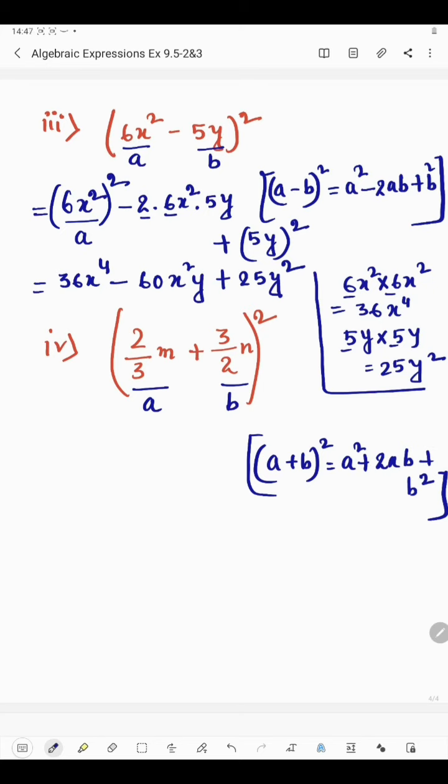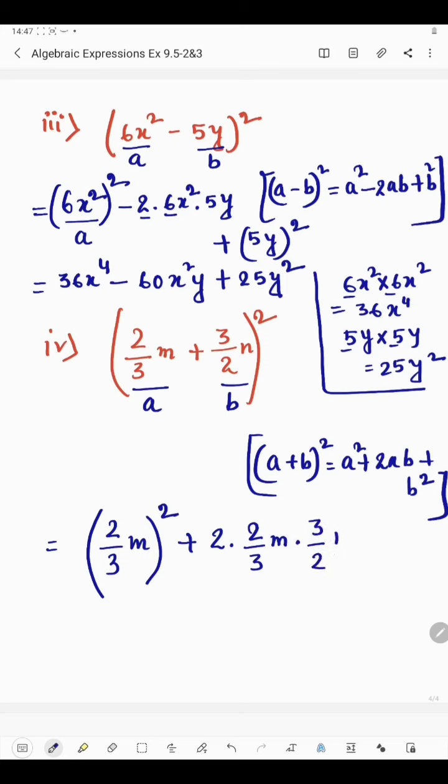So we'll write a square at first. So a is 2 by 3m, so we'll write (2 by 3m) whole square plus 2 into a, which is 2 by 3m, into b, which is 3 by 2n, plus b square means (3 by 2n) whole square.